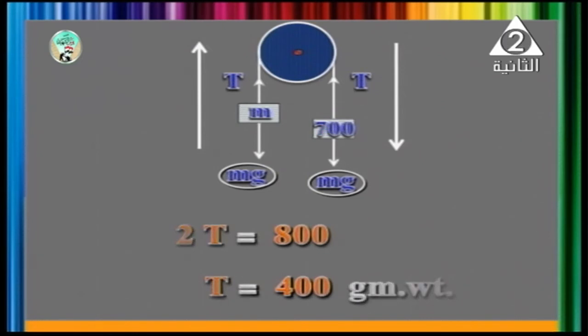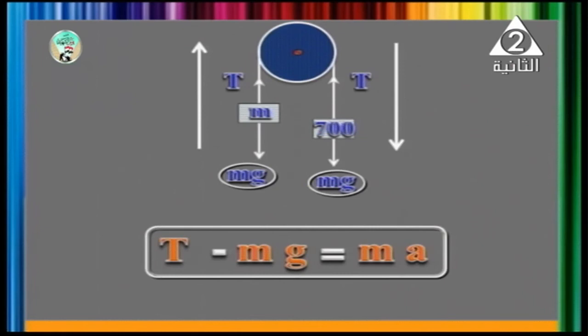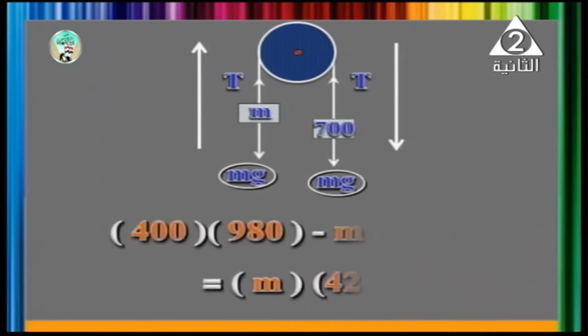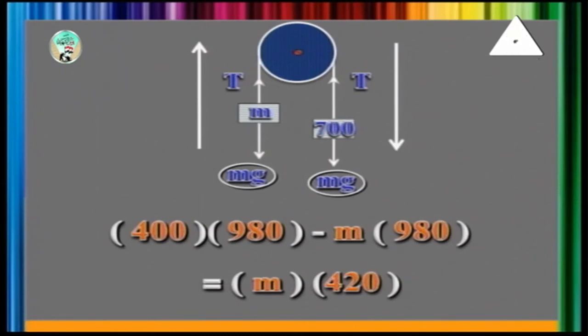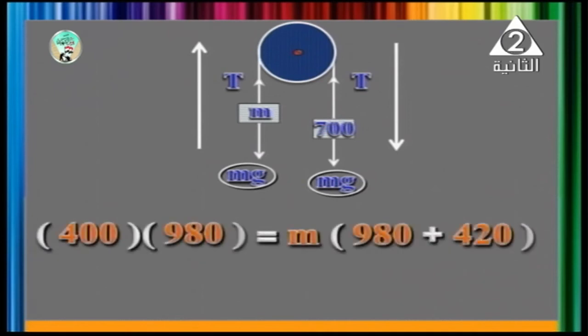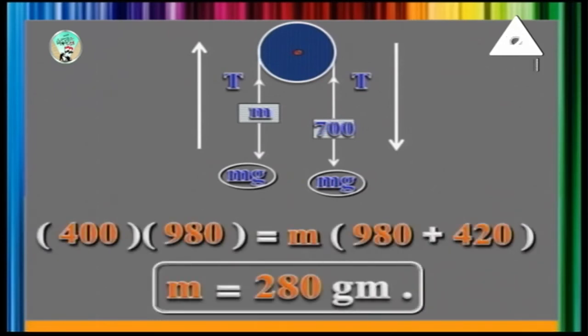By using tension minus mg equals ma to find the value of m, by substitution, 400 times 980 minus m times 980 equals m times 420. Then, my dear student, the value of m by simplifying equals 280 gram.